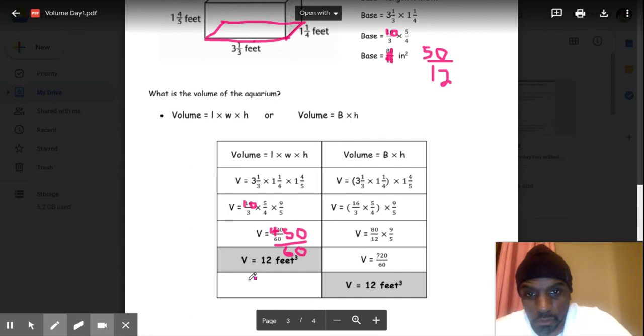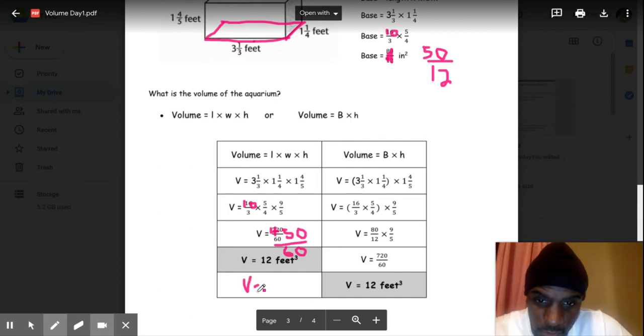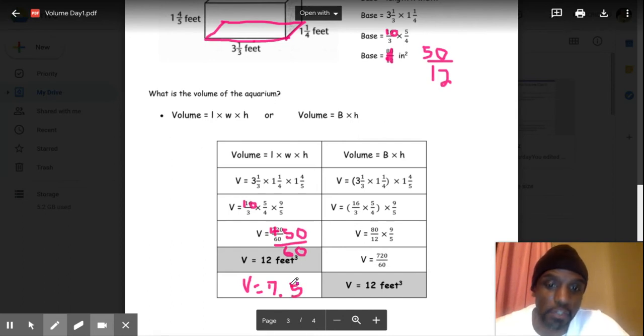Okay, Mariah says the volume should be, and if she's wrong, don't blame me. Don't blame her, okay? Blame her. She's the problem. She got it wrong. She said, what? Okay, so 7.5 cubic feet, or feet cubed, okay? Cubic feet, 7.5. Can you guys read that?